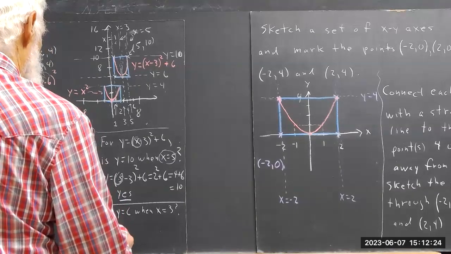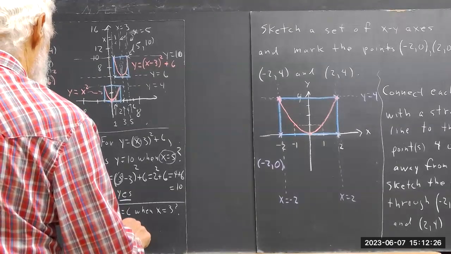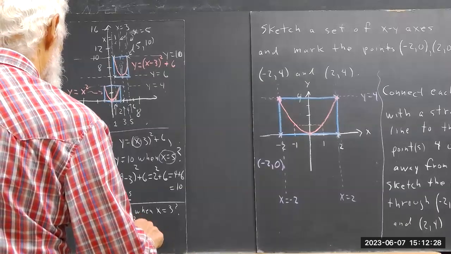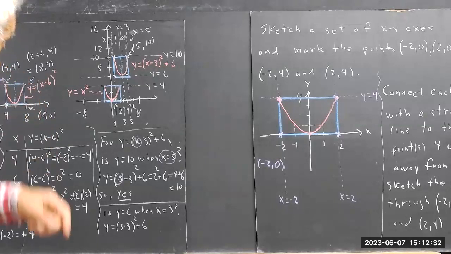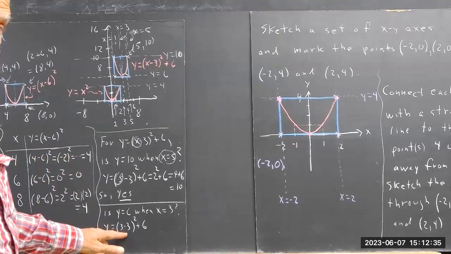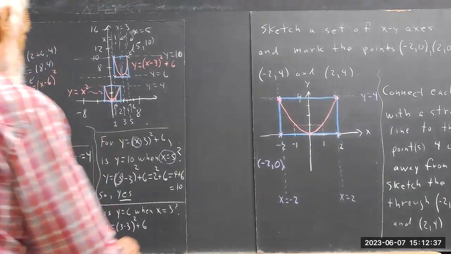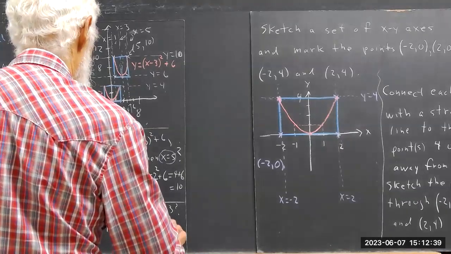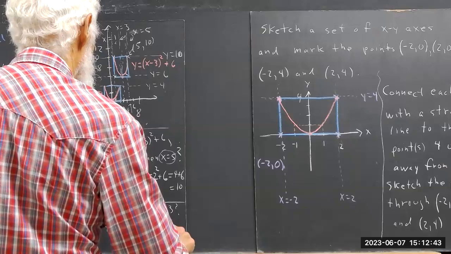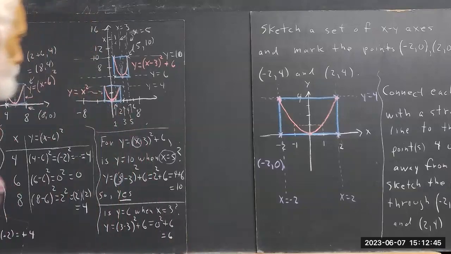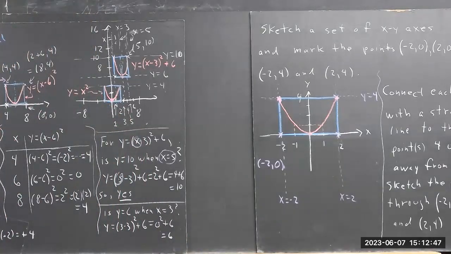Well, you get y equals 3 minus 3 squared plus 6, and you probably already see what's going to happen. 3 minus 3 is 0, 0 squared is 0. That's going to give you 6. So again, yes.